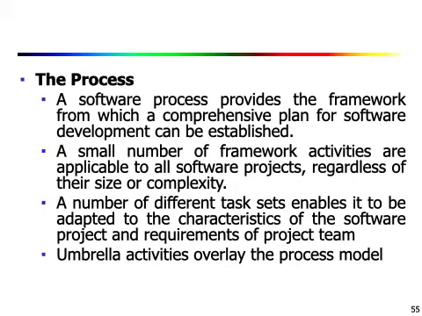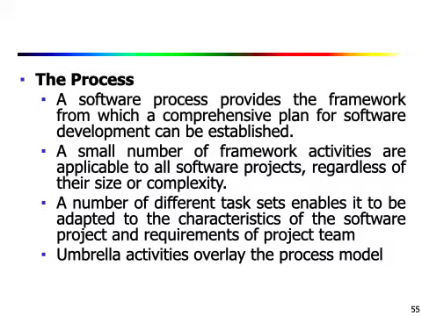Then comes the process. A software process provides the framework from which a comprehensive plan for software development can be established. A small number of framework activities are applicable to all software projects. We know the framework activities which we have seen in the last modules. Regardless of the size or complexity of the software, these framework activities are applicable to all software projects.